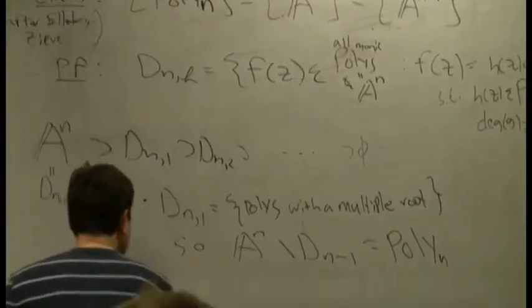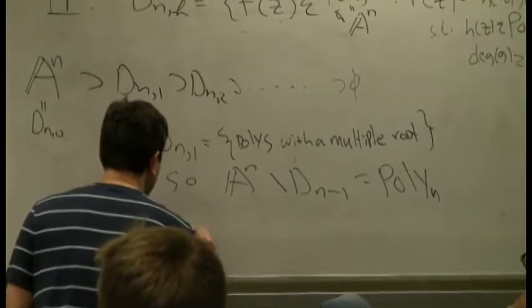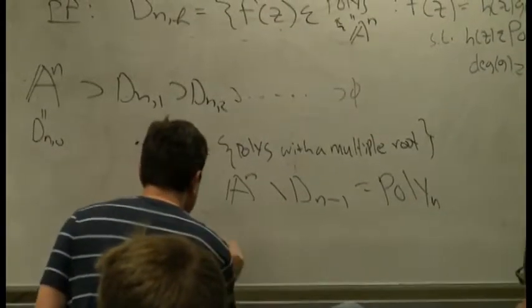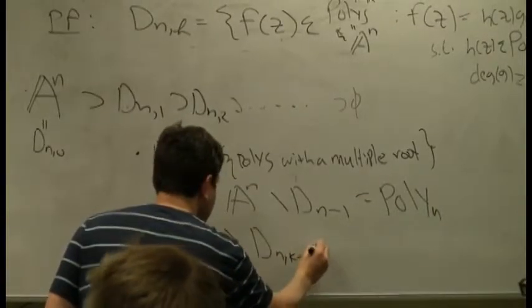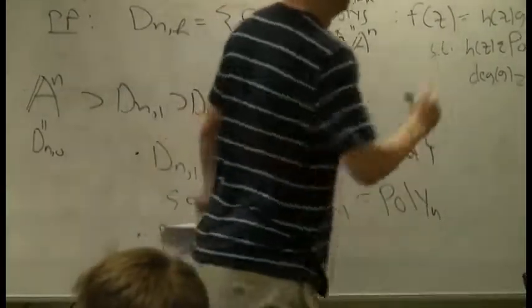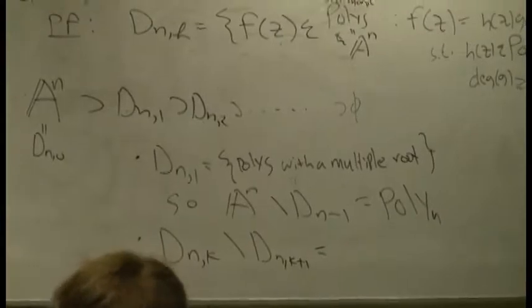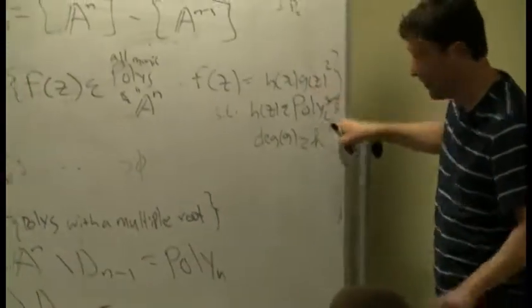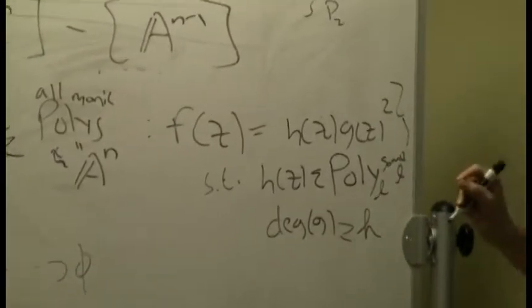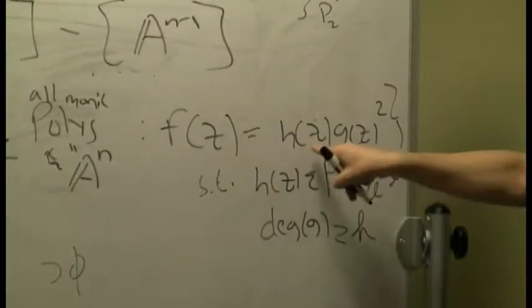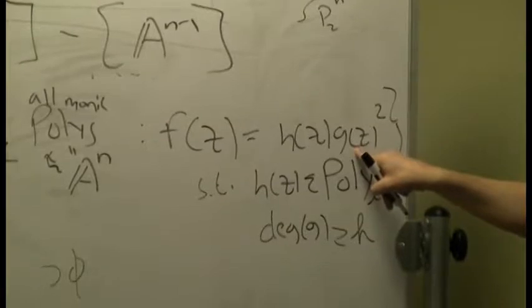And more generally, take a look for a second. This is a great trick. Dnk minus Dnk+1, more generally. So what is this? This is polynomials where this has degree at least k, but not degree at least k plus 1. So it's where you can factor, where this is any polynomial of degree at least k. So how many are there?